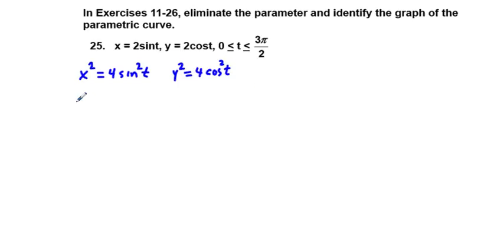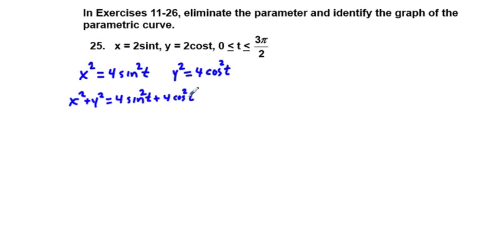And then putting together, we have x squared plus y squared is equal to 4 sine squared t plus 4 cosine squared t.